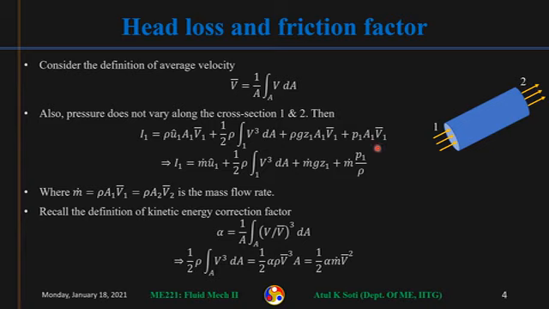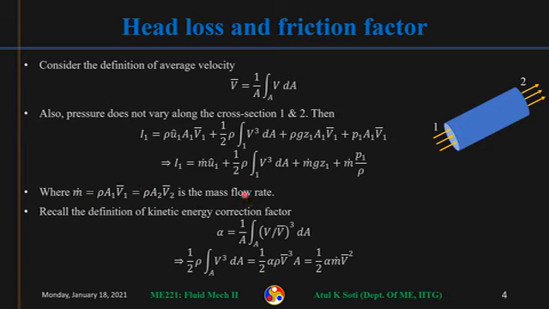Where m dot is the mass flow rate, and from mass conservation, whatever mass is entering here should leave here. So rho A1 V1 average should be equal to rho A2 V2 average. This is incompressible flow, so rho is the same at both places.